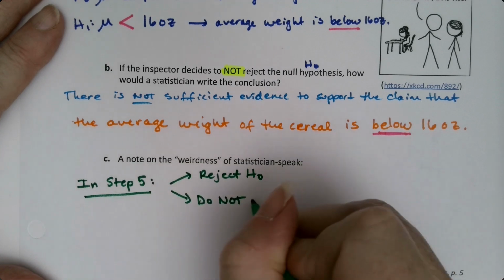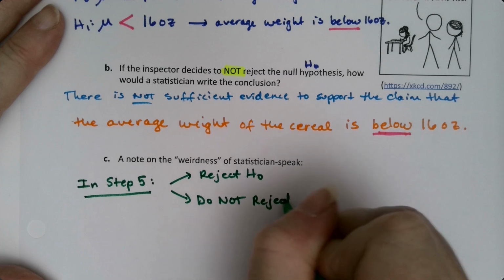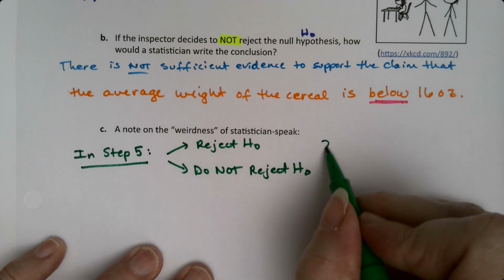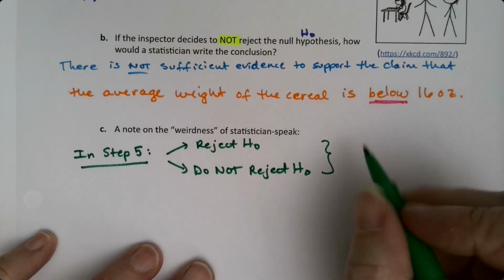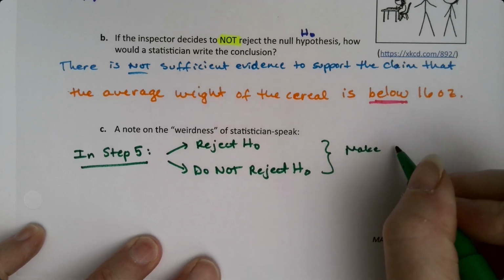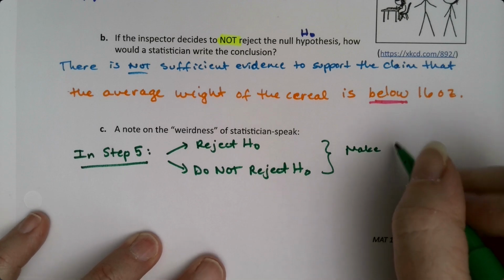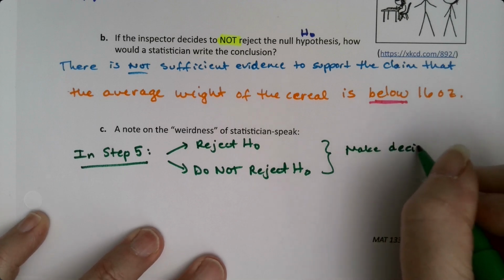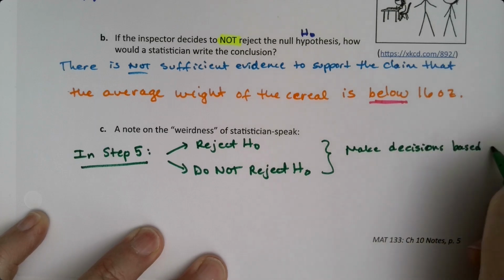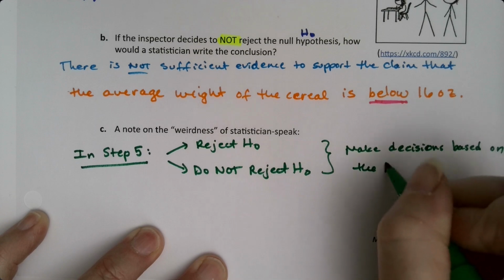That is all we ever get to write, right? Those two decisions. We will actually do a touch more just about why we're making the decisions we're making, but that's it. So we make decisions based on the null hypothesis.